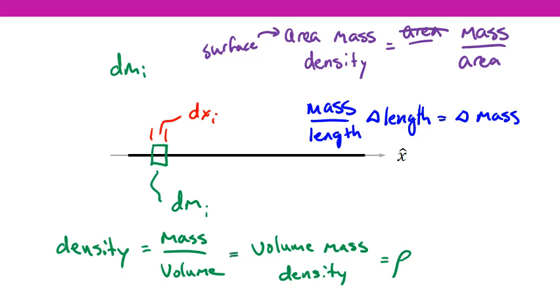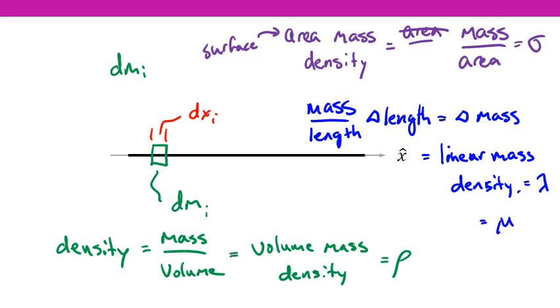So I need what is known as a linear mass density, which we usually denote as lambda. That's the Greek letter lambda. And the surface mass density we usually denote as sigma. Now, if you took an earlier class, you might see the linear mass density sometimes written as lambda. It might be written as mu in some cases. Again, it's just different ways of annotating the same thing.